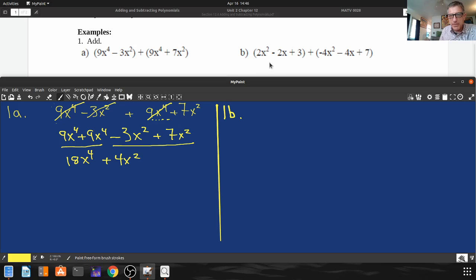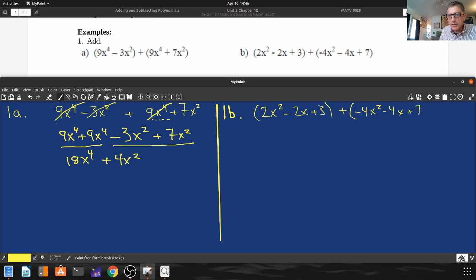So here I'm going to have 2x squared minus 2x plus 3. So that's polynomial 1. And the next is polynomial 2 in parentheses.